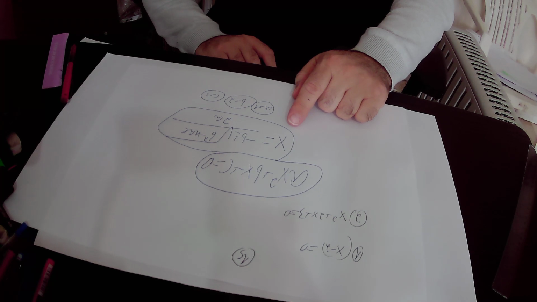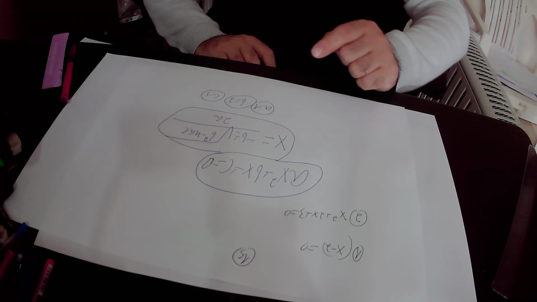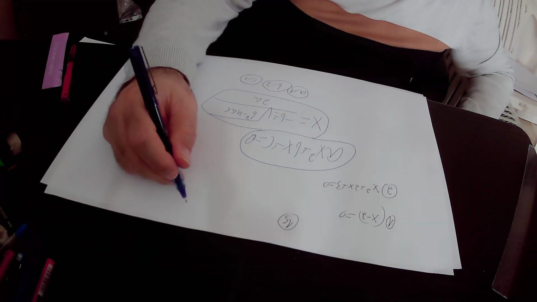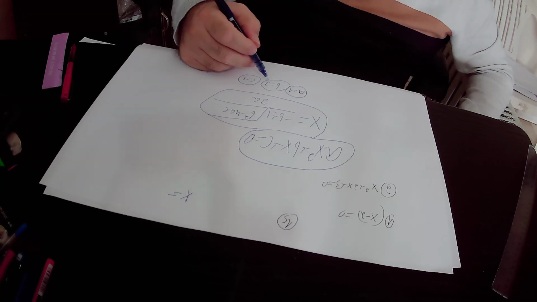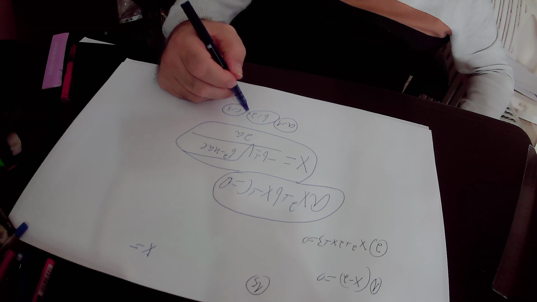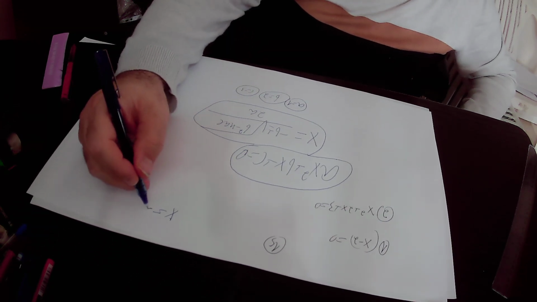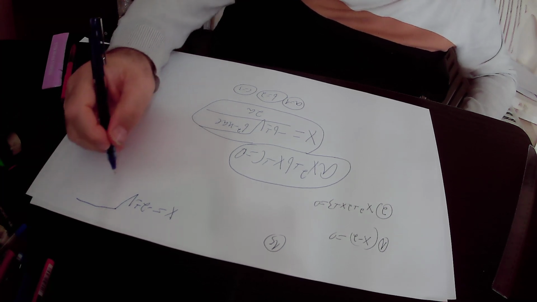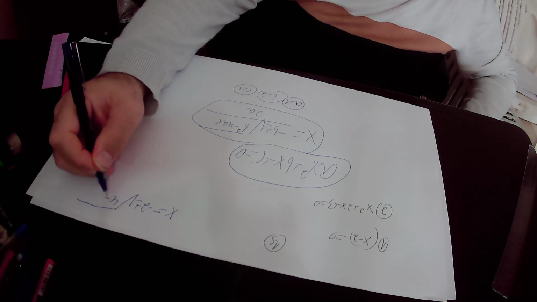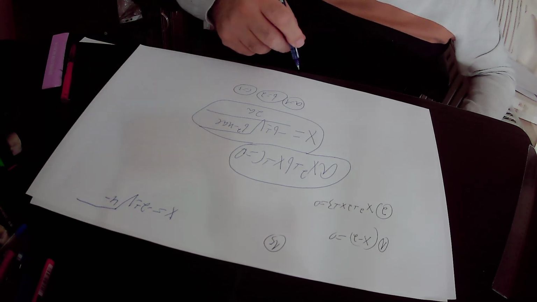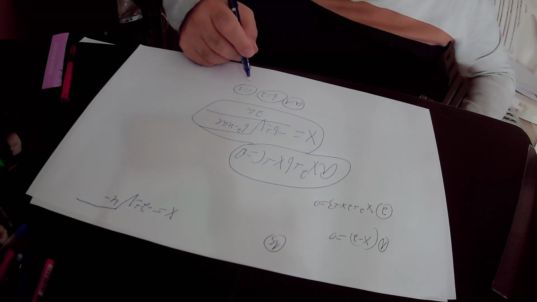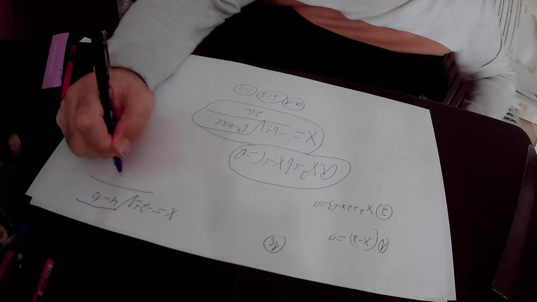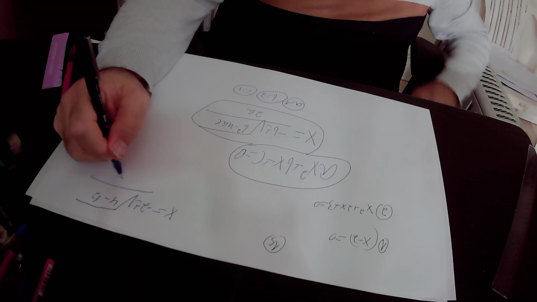We get x equals minus b, so minus 2, plus minus root of b squared, which is 2 squared, 4, minus 4 times a, which is 1, times c, which is 3, so minus 12, over 2 times a, which is 2.